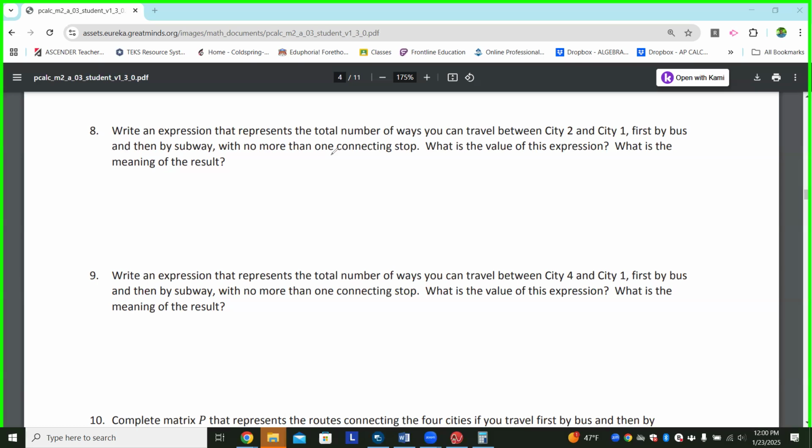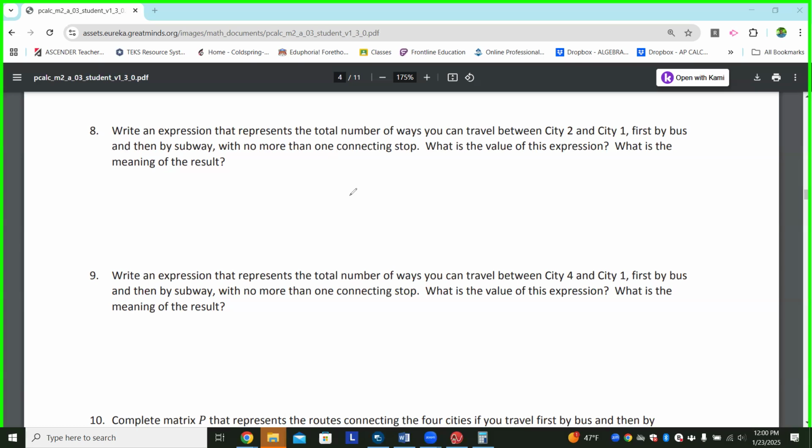Now, figure out how you would multiply this. Let me flip back to the very beginning. So when we're doing the diagram here, it says write an expression that represents the total number of ways. That means buses and subways are included, but we first go by bus, then by subway to go from city 2 to city 1 with no more than one stop.